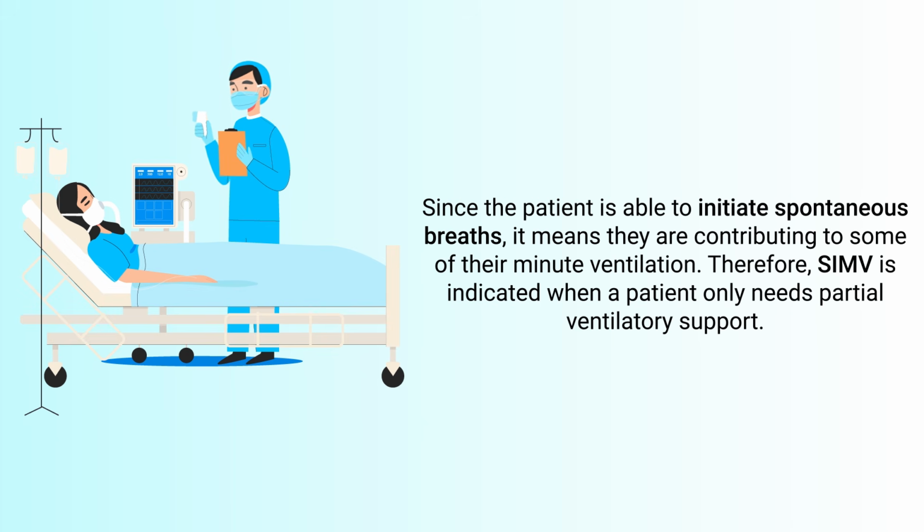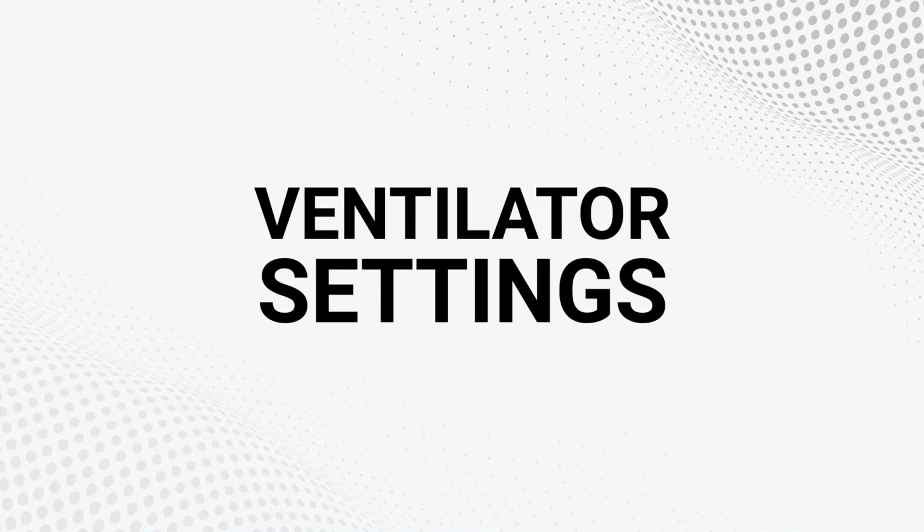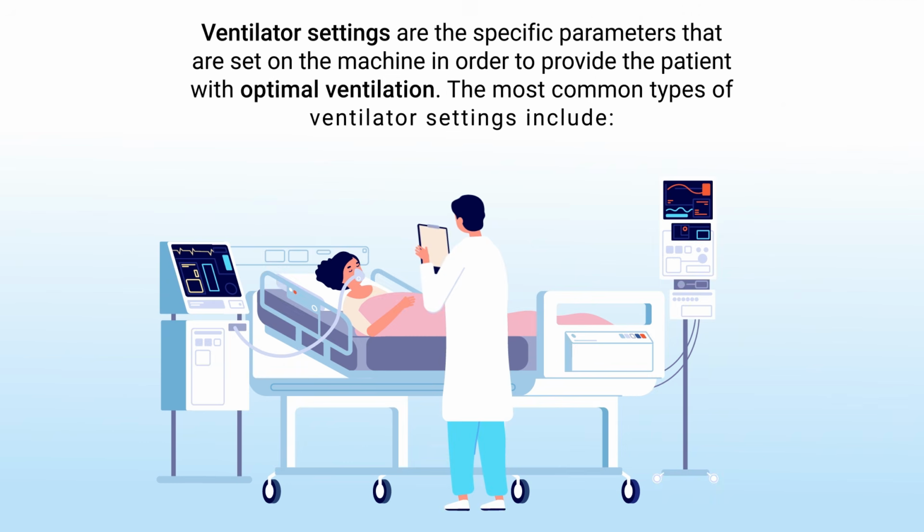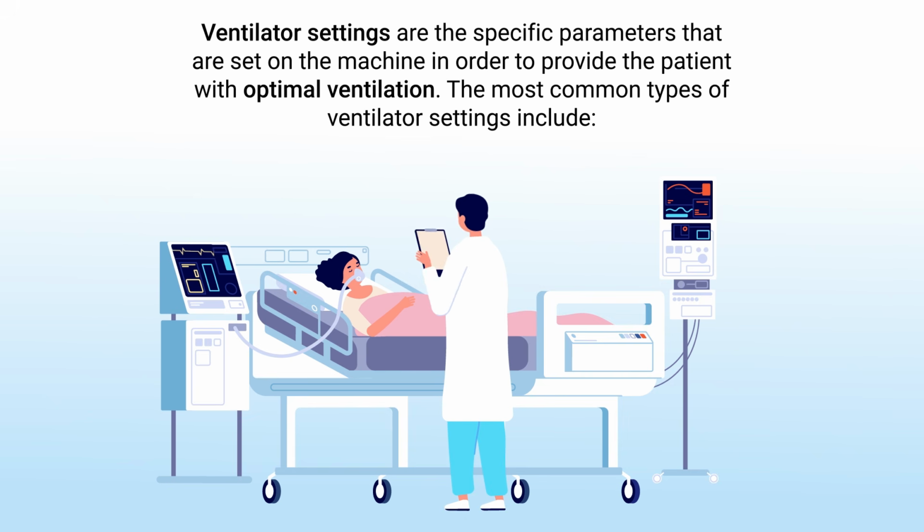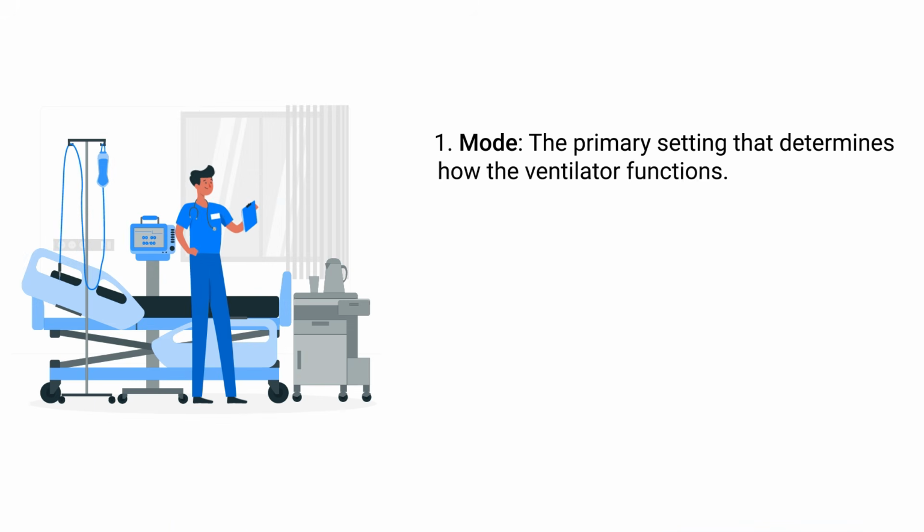So now that we've covered the modes, next we need to talk about my second favorite topic, which is the ventilator settings. Ventilator settings are the specific parameters that are set on the machine in order to provide the patient with optimal ventilation. The most common types of ventilator settings include: first is the mode, which, as I just discussed, is the primary setting that determines how the ventilator functions.